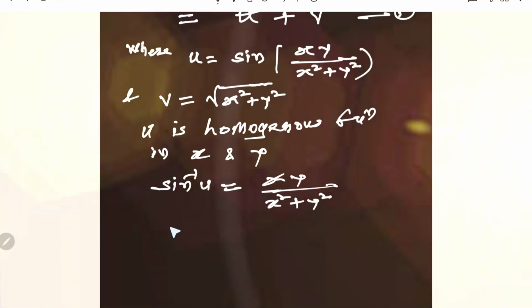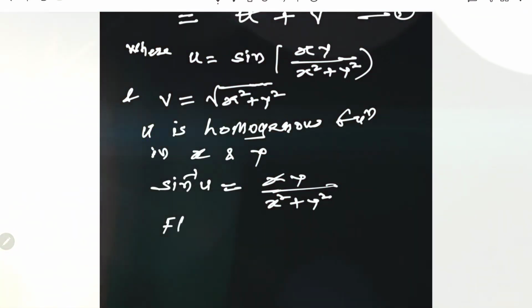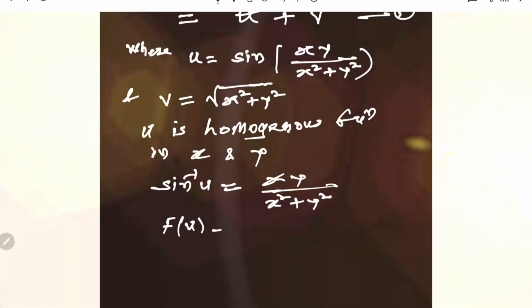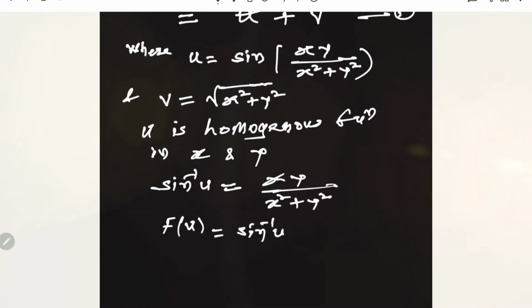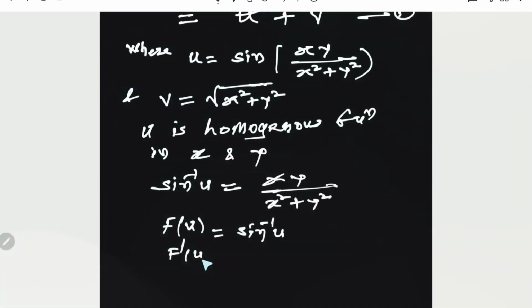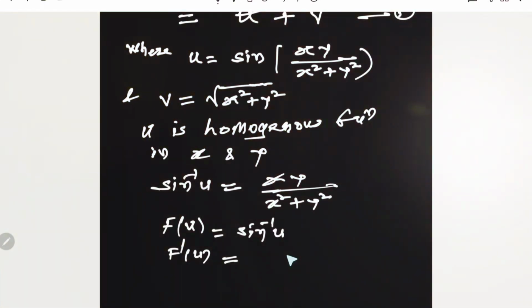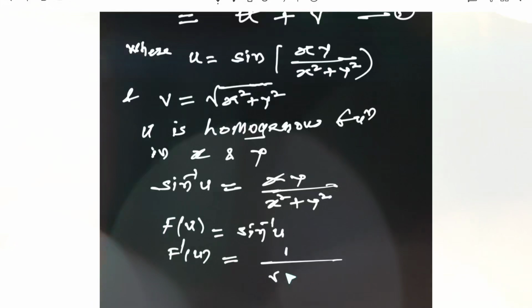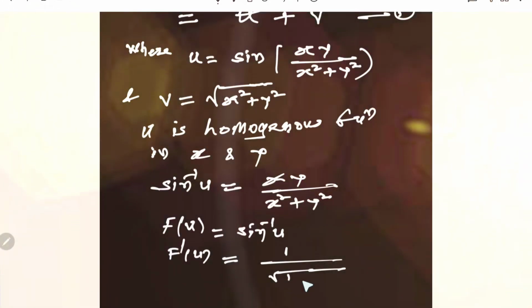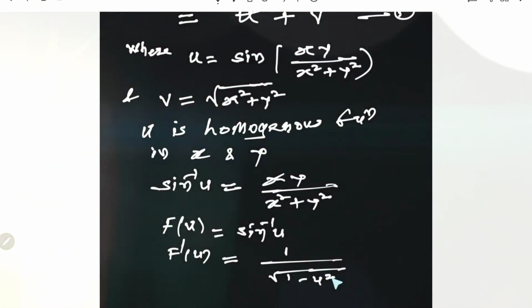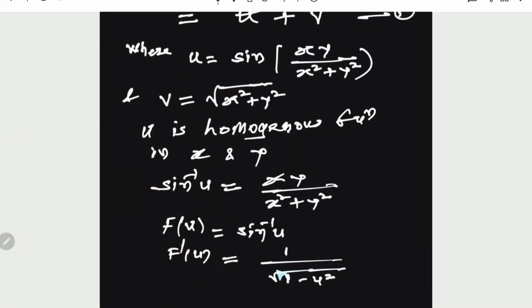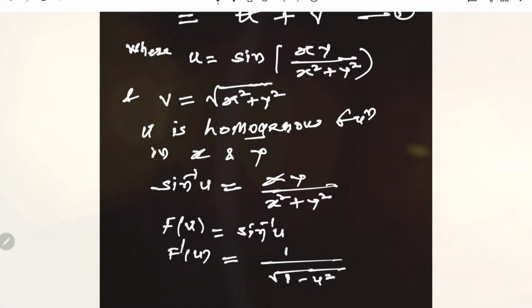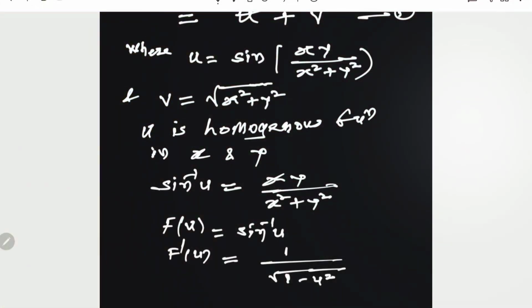The sine inverse of u we call as f of u, and differentiating it with respect to u, we get f dash of u as 1 upon square root of 1 minus u square.